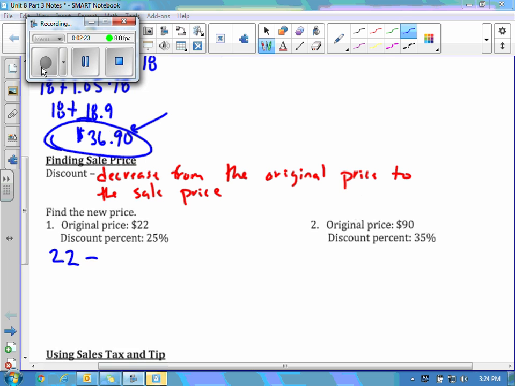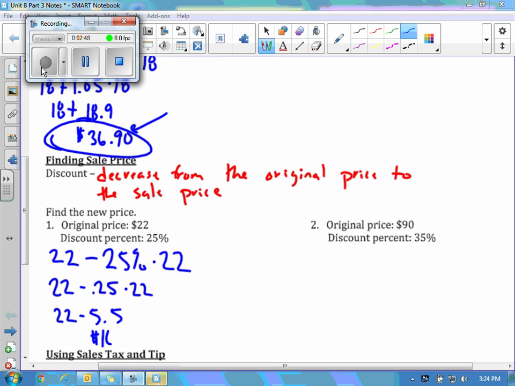Now I'm going to subtract the discount, which is 25% of that $22. So I'm going to do 22 minus, and I'm going to turn 25% into a decimal, so that's 0.25, and then multiply it by the 22. I'll wind up with 22 minus 0.25 times 22, which is 5.5. So my sales price would be $16.50.